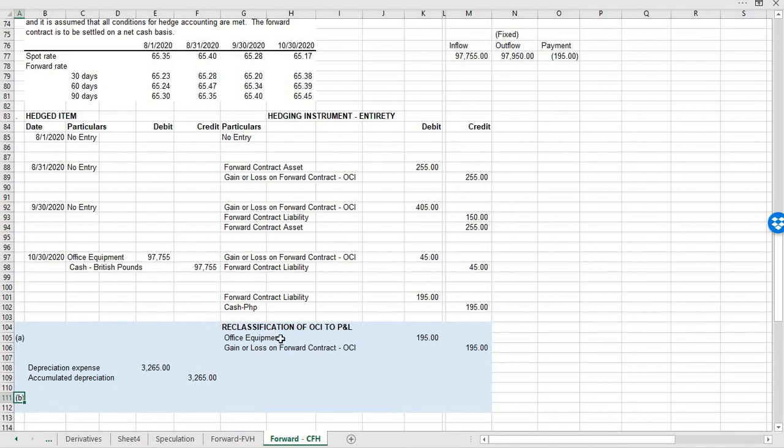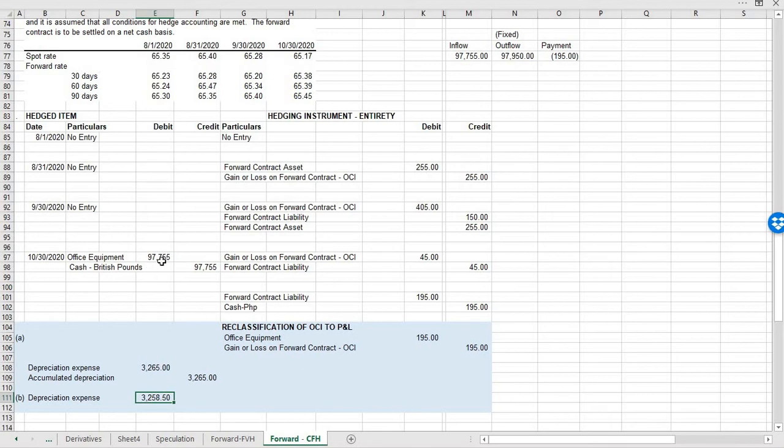Pero bago natin i-reclassify, i-record muna natin yung depreciation expense ng ating equipment. So, debit tayo depreciation expense. Magkano? Siya ay 3,258.50. At paano ito na-compute? Siya ay 97,755 divided by 5 years times 2 months divided by 12. So, bakit ito ang basis natin?